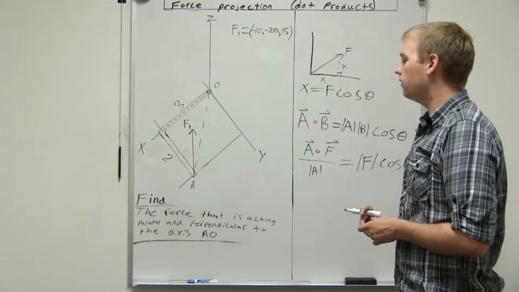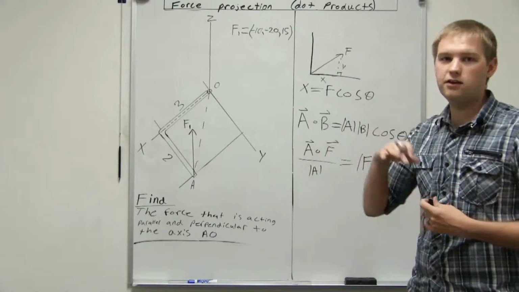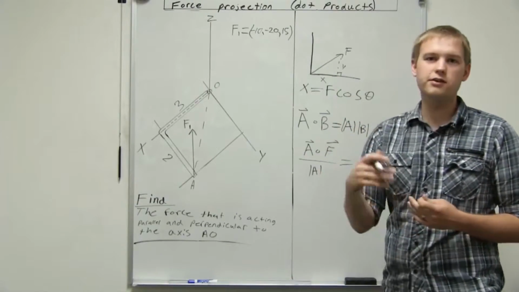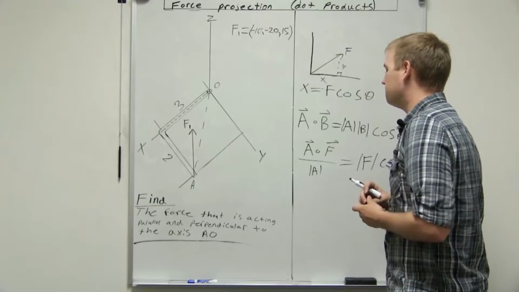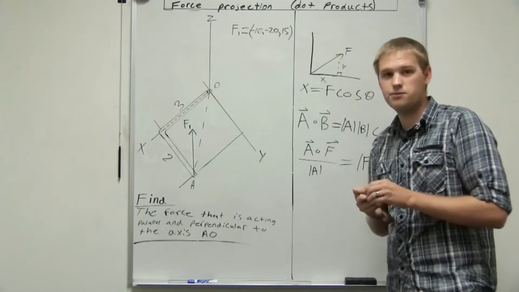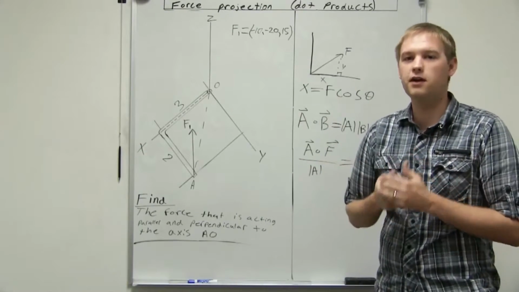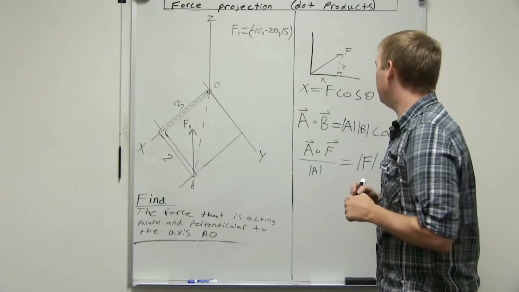Now, if you're having trouble with these terms, magnitude, scalar, vector, position vector, unit vector, I would encourage you to go back to the video called Terms and Vector Addition. I explain a lot of those terms in there and what they are. Anyway, let's keep going.